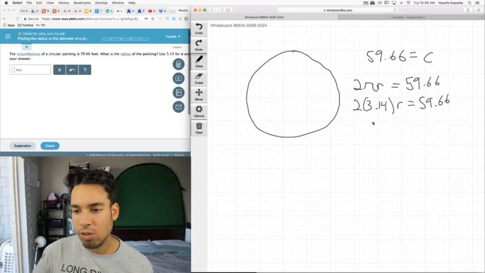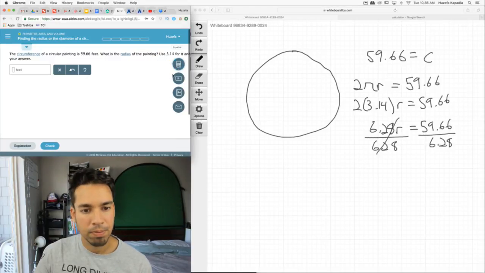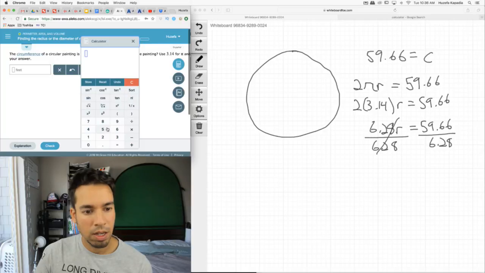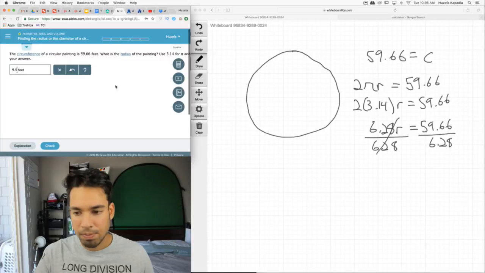First, I'm going to multiply 2 times that, so I get 6.28 r equals 59.66. Divide both sides by 6.28. And we have 59.66 divided by 6.28. 9.5. So the radius is 9.5.